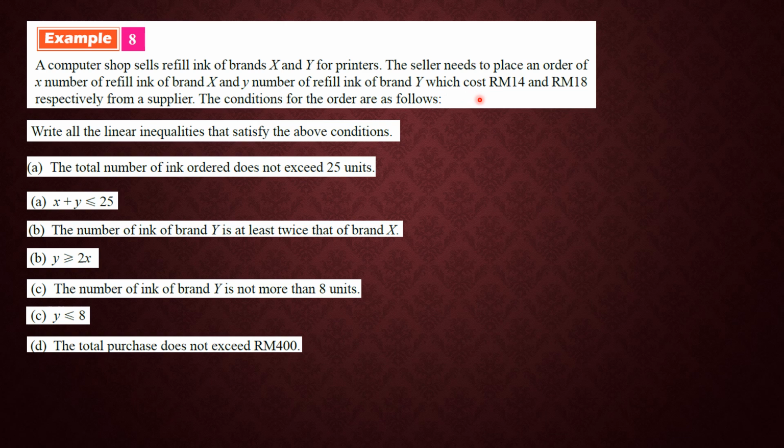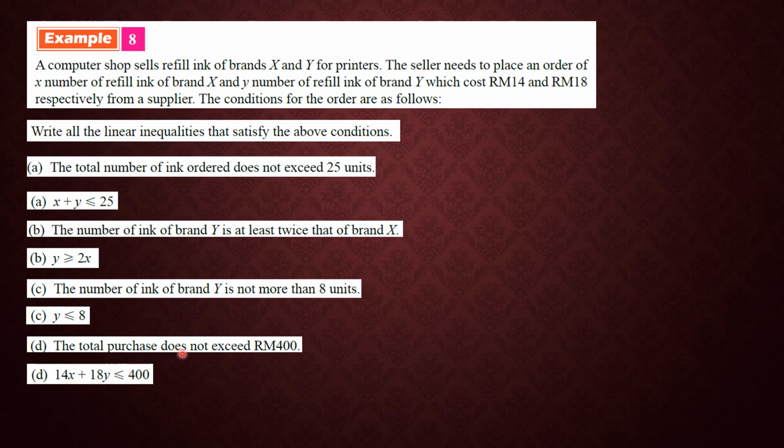Then the last one, part D, the total purchase does not exceed 400 ringgit. From the question, we know that refill ink of brand X is 14 ringgit, and refill ink of brand Y is 18 ringgit. So 14 ringgit times the number of refill ink of brand X, then 18 ringgit times Y, the refill ink of brand Y. So 14x + 18y ≤ 400.